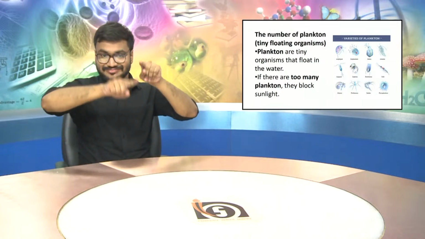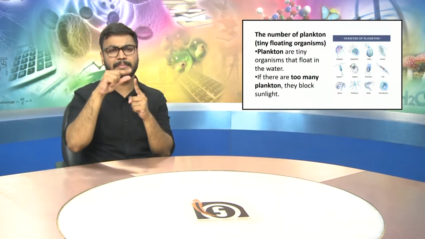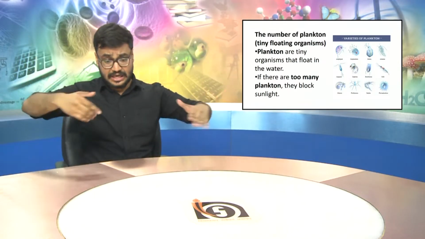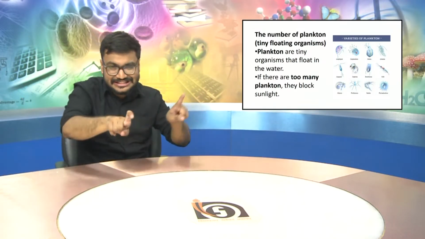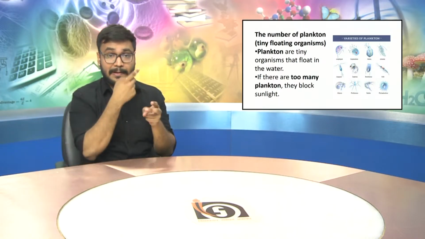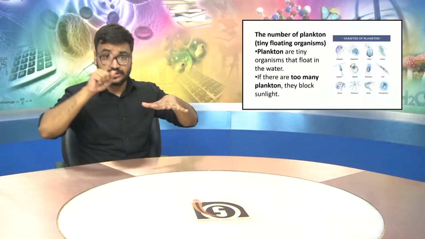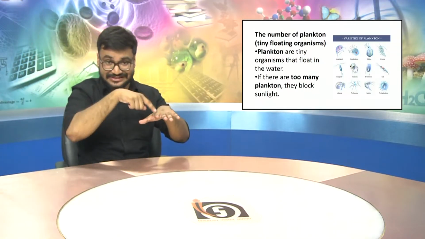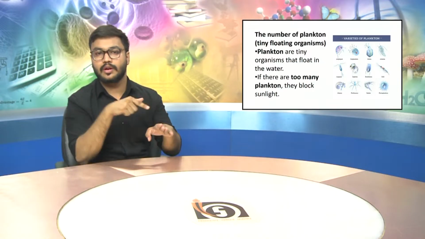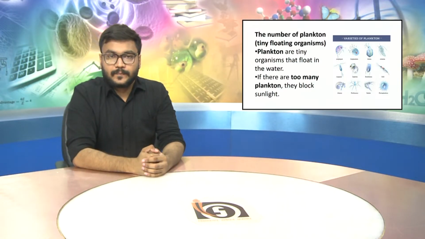Plankton are tiny organisms that float in the water. And if there are too many plankton, they block sunlight. And as a result, less sunlight reaches the deeper part of the pond.